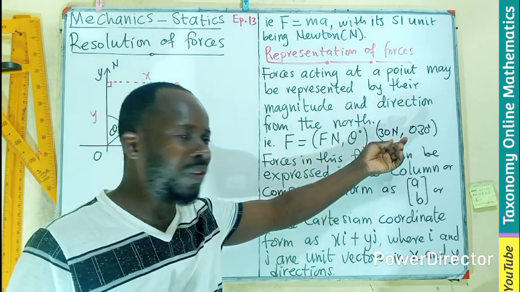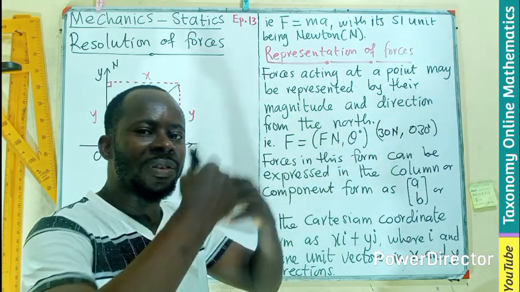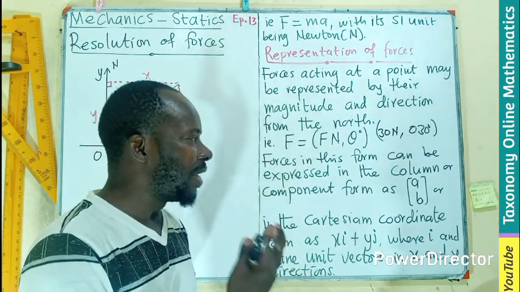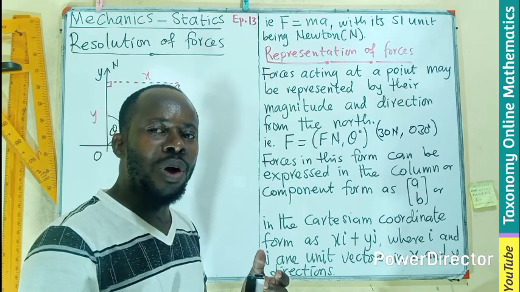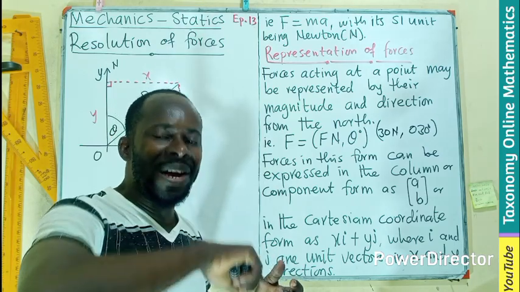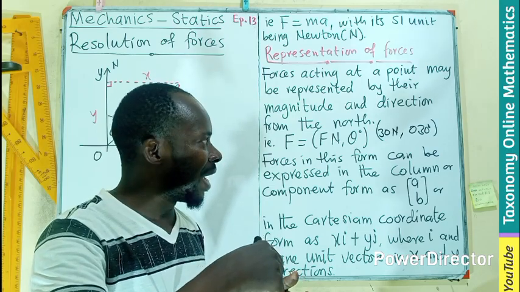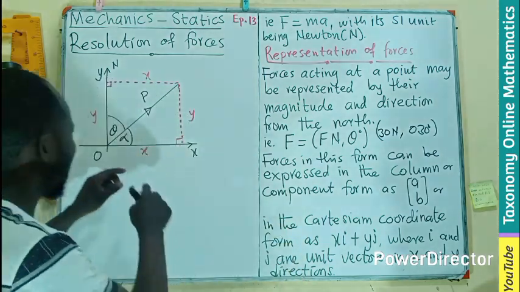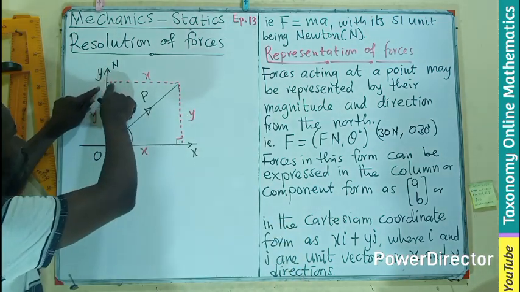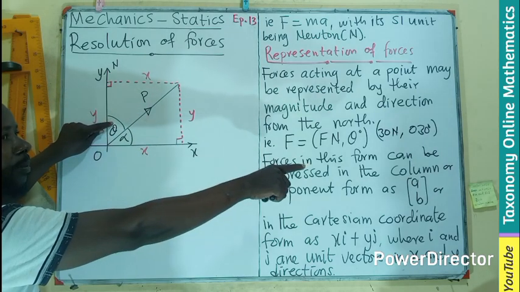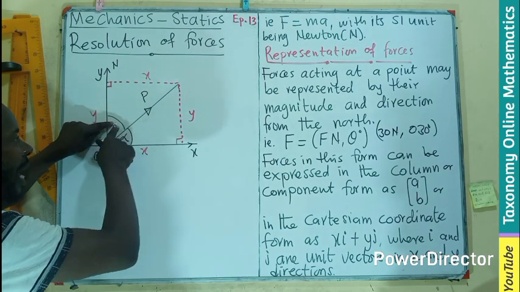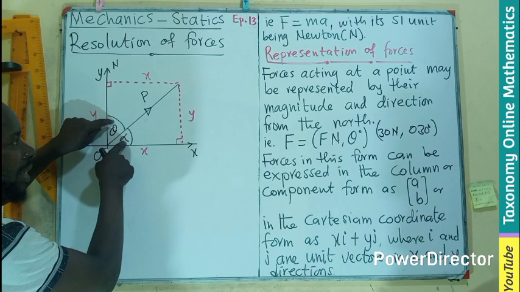So it will be easier to say this than to say that a force of 30 Newton is acting in the anti-clockwise direction, 60 degrees with the x-axis. Because if we are measuring from the top, theta is 30, so when I want to describe the angle here, I cannot mention 30.